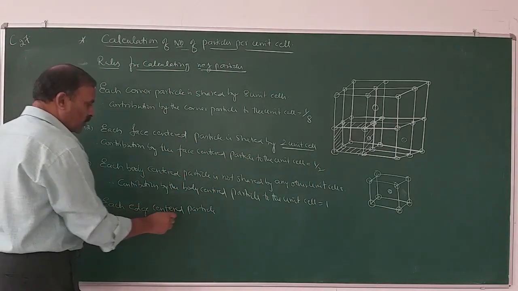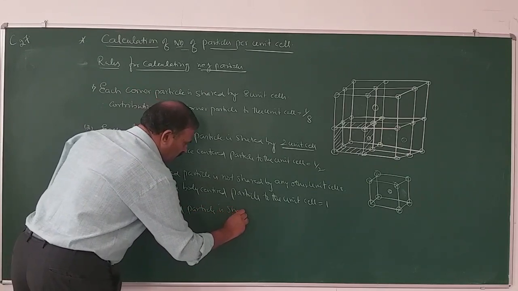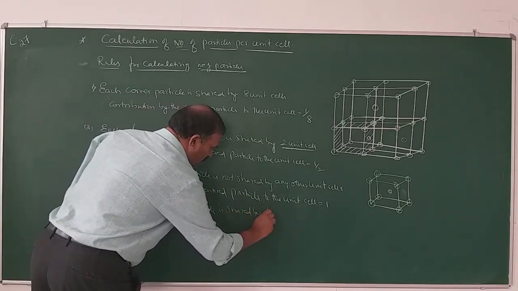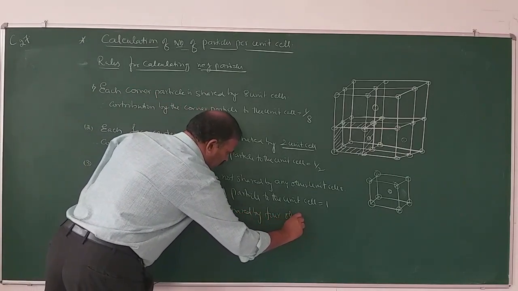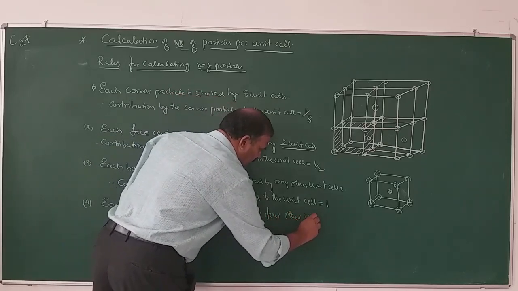Each edge-centered particle is shared by 4 other unit cells.